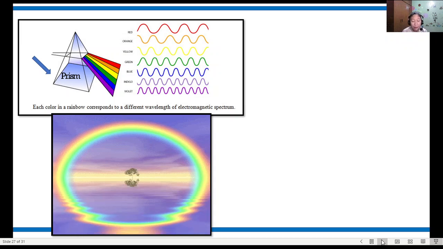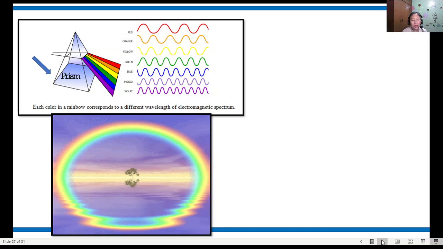Sa rainbow, the white light passes through the water droplets kapag umuulan to and then nagkaroon ng dispersion of light acting as a natural prism, and then it bends, nag-disperse siya, naglabas siya ng 7 different colors, the RGB.